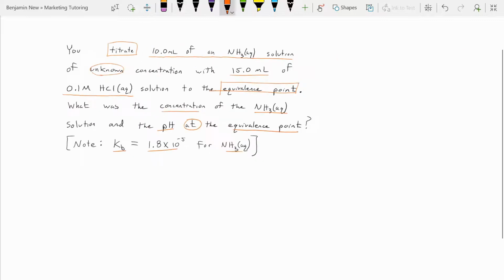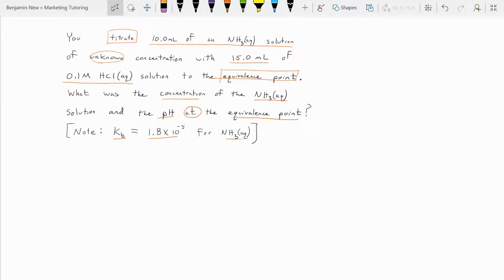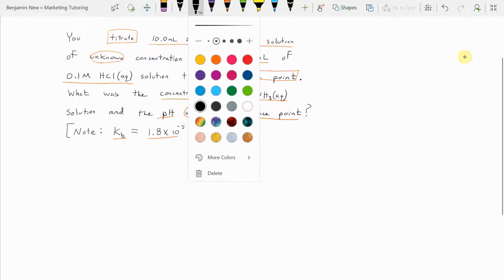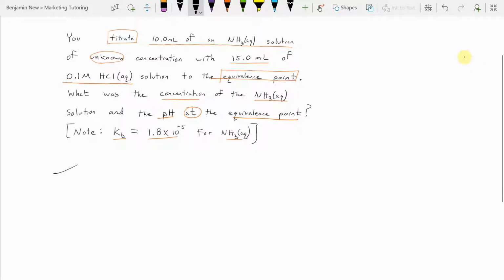Okay, so with that information, we're going to identify what we're looking for, and then break that down into all of the information that we have, and figure out how to solve this. So the question is telling us that we need to find X, where X is the molarity of the ammonia solution.